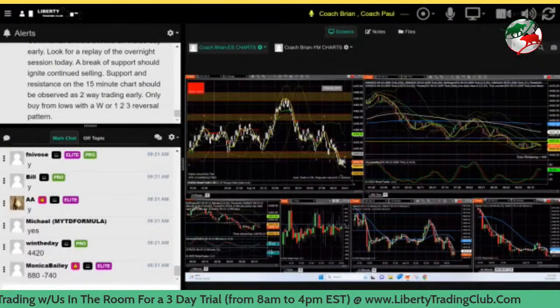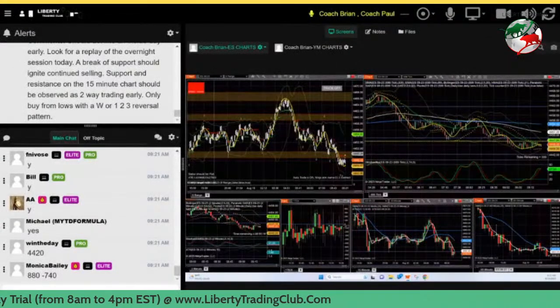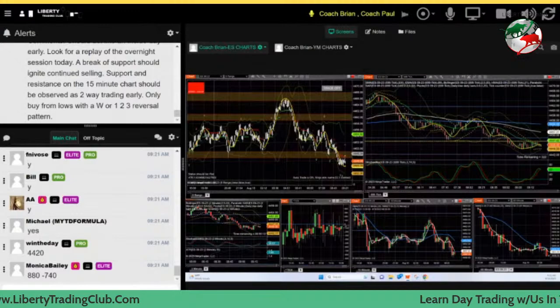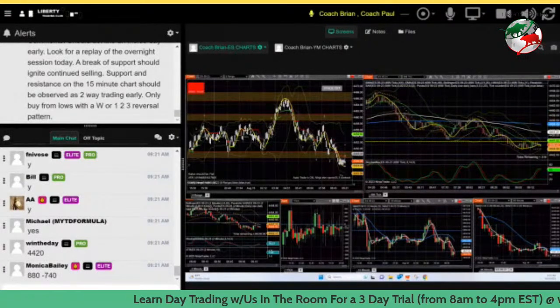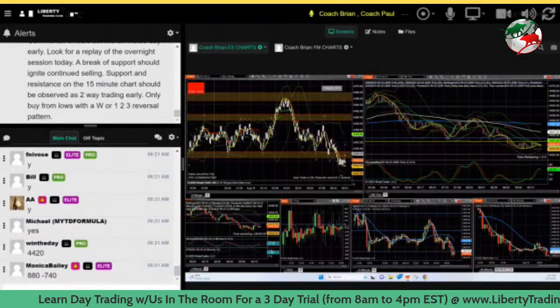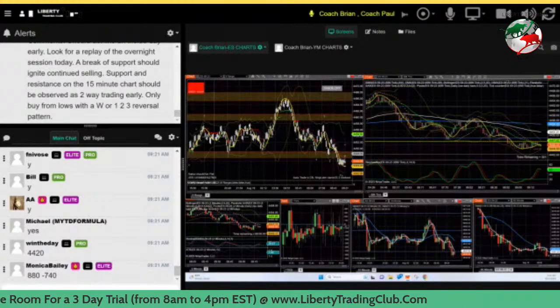Let's go look at these key levels here. YM. Got some pretty decent support and resistance areas. As a matter of fact, that should act like resistance at this point. Look back on the overnight session. Probably going to see a little bit of a push up.